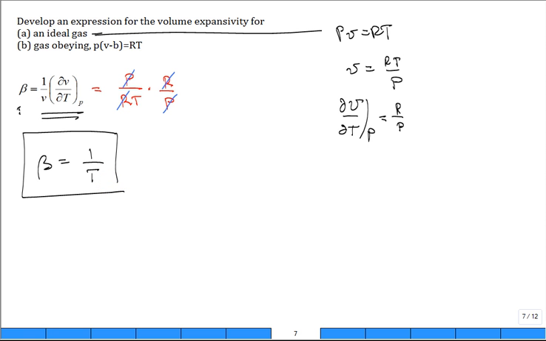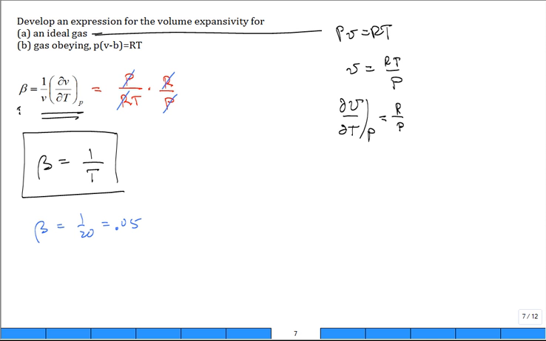Okay? If somebody says calculate the volume expansivity for air, which behaves often as an ideal gas, at 20 degrees C, some students will put beta is equal to 1 over 20 or 0.05, and they'll be wrong. Why would they be wrong? I need absolute temperature scale.